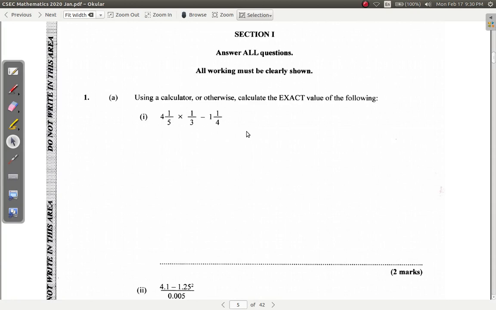Welcome back to mathematicsclass.org. We're looking at the January 2020 CSEC Maths past paper. Previously, I gave some of my personal tips to manage your time in the exam.